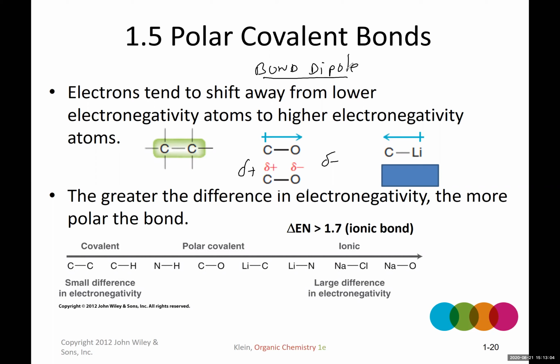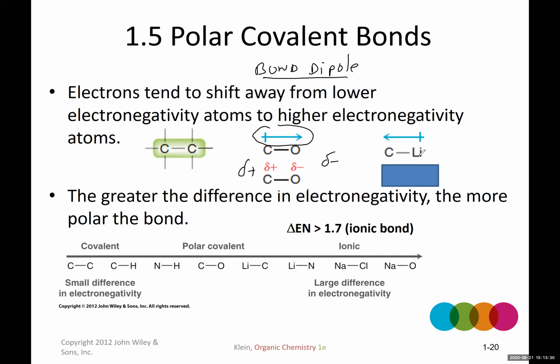The other way to show a bond dipole is with a vector, as shown here. The head of the arrow shows the negative end of the bond dipole, the atom with the slightly negative charge, and the tail end indicates the positive end of the dipole. In the carbon-lithium bond, carbon is significantly more electronegative than lithium.